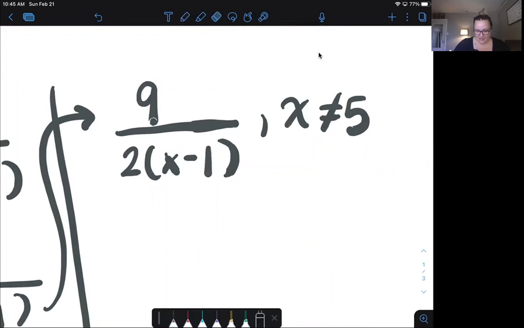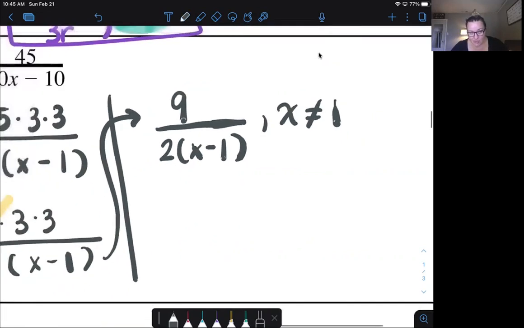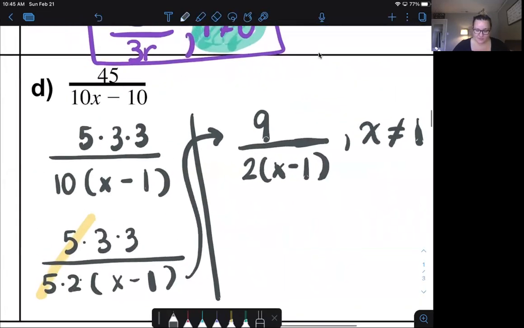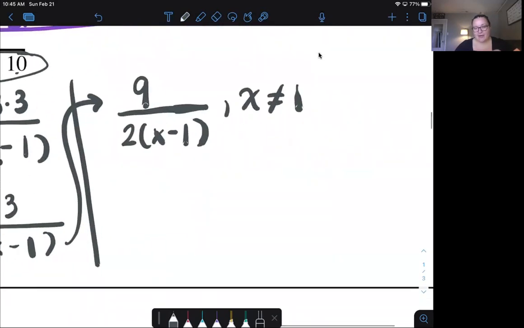Which means x can't be 1. And we need to check the original expression that we started with. Well, 10x minus 10 factored to 10 times x minus 1. And 1 would make this 0, so we're good. We've listed all of our restrictions. So x can't be 1.